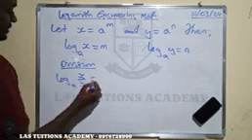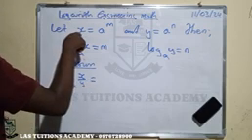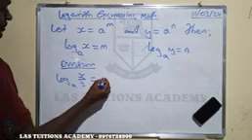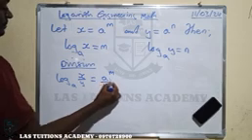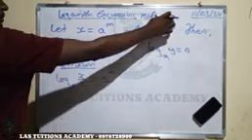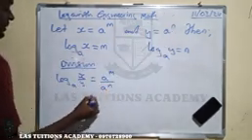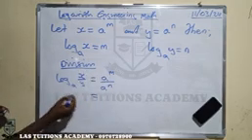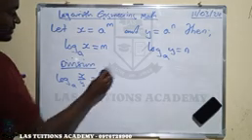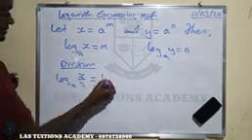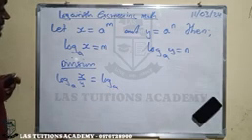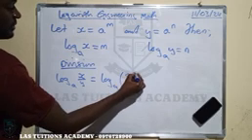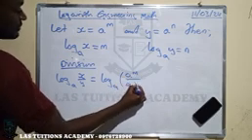This is equal to, where there's x, we can replace with a to the power m, over, where there's y, we can put a to the power n. I forgot to write the log, so this becomes log a of a to the power m over a to the power n, like that.